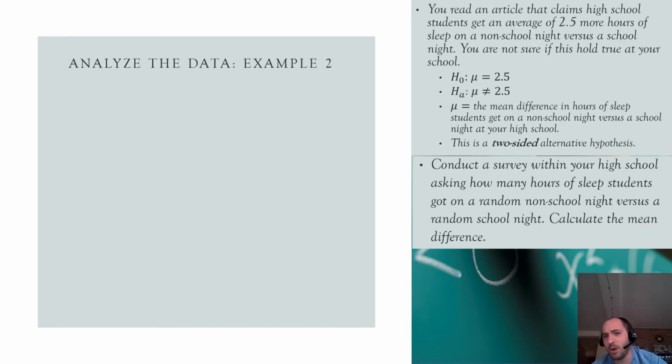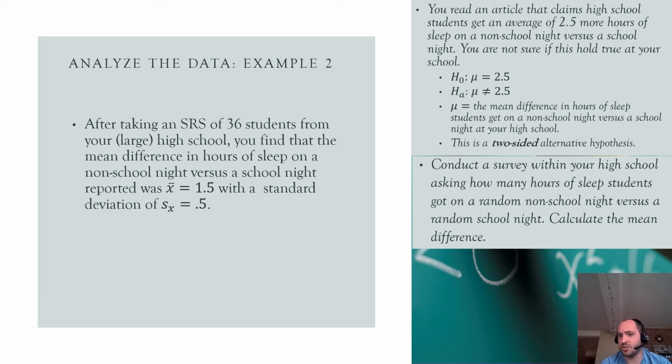In our school problem, if I've conducted a survey and reported back that the mean difference was 1.5 hours with a standard deviation of 0.5, I ask what's the likelihood of getting a difference between 2.5 and 1.5, or 2.5 and 3.5, or more extreme. So it's a 1 hour difference here. What's the likelihood of getting a sample that was 1 hour or more different than this claim?